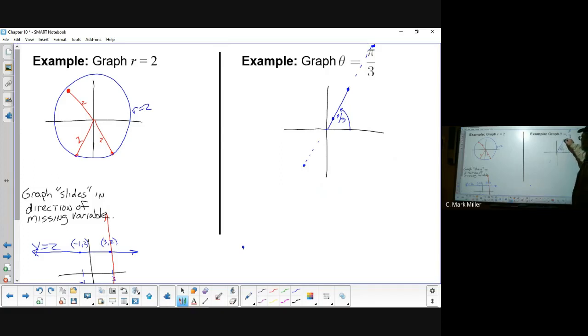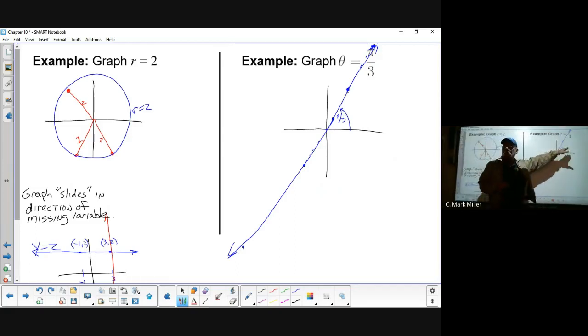And so you have this point, you let it slide. You've got to keep theta equal to pi over 3, though. And so that winds up being a line. Now, it turns out you can graph any line in polar coordinates. I wouldn't necessarily recommend it. The ones through the origin are exceptionally easy because all you need is the theta that they make with the origin.